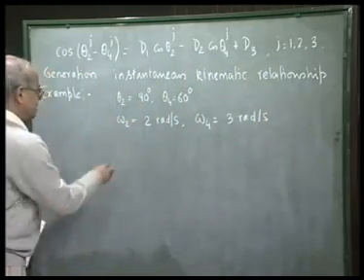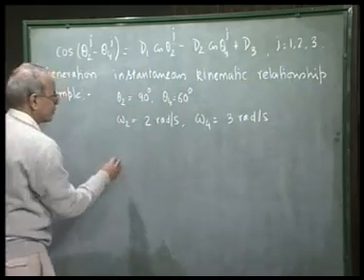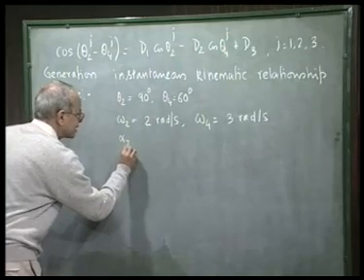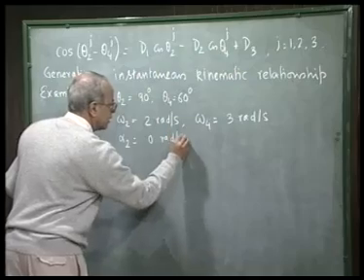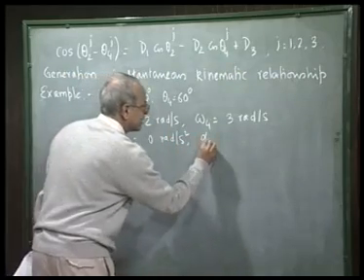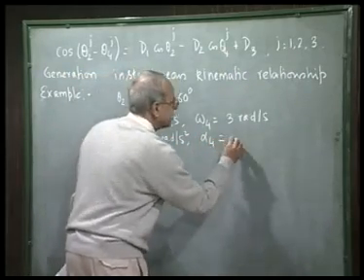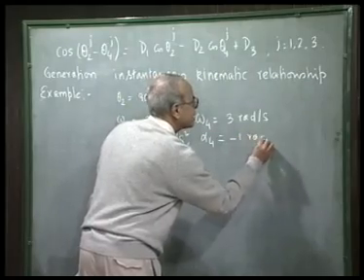At the same configuration, that is theta 2 equal to 90 degrees and theta 4 equal to 60 degrees, angular acceleration of link 2 is 0, but angular acceleration of the output link is say minus 1 radian per second squared.